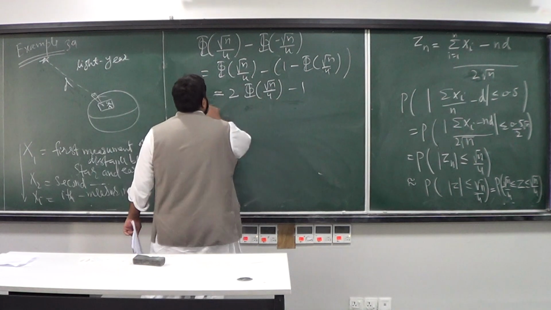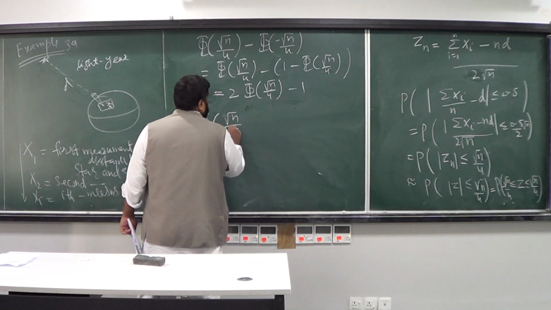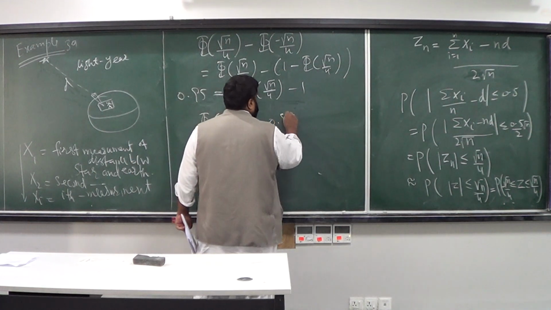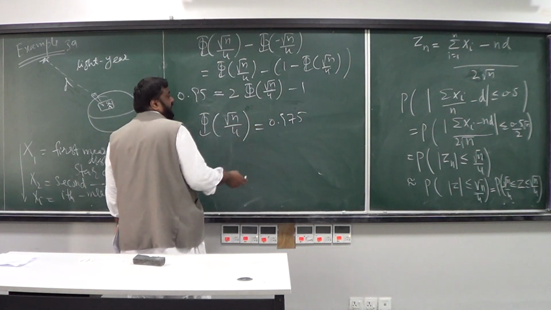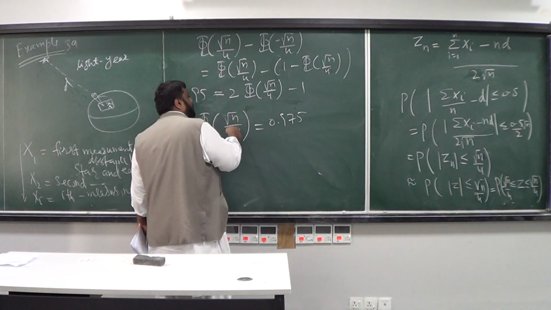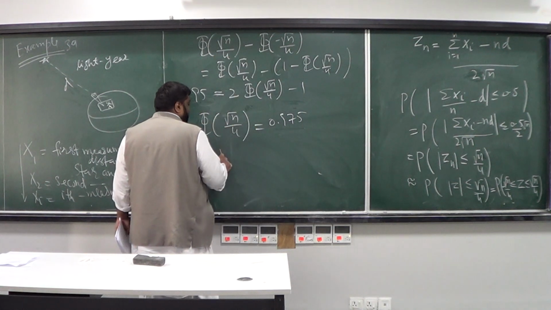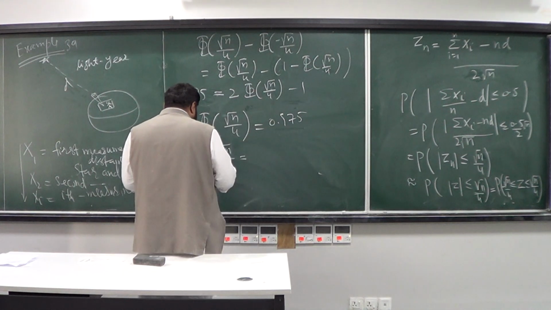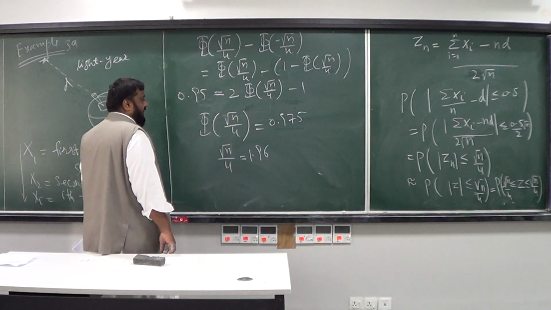So I can add 1 and divide by 2, then Phi of square root of n by 4 is going to be 0.975. Now you can go to the table of a standard normal random variable and see for what value you get this probability. You can see that the value is 1.96.